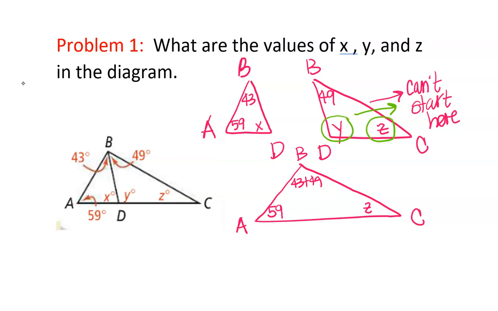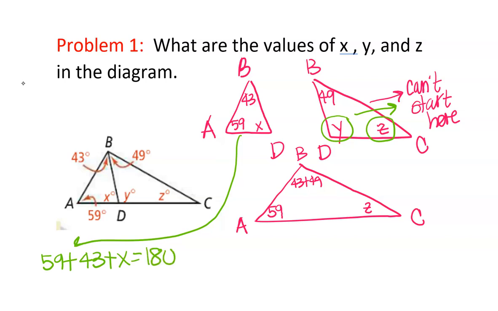There's only one missing. We can start with that one. So I'm going to start with this one, 59 plus 43 plus x is equal to 180. So if we subtract 59 and 43 from 180, we get 78.